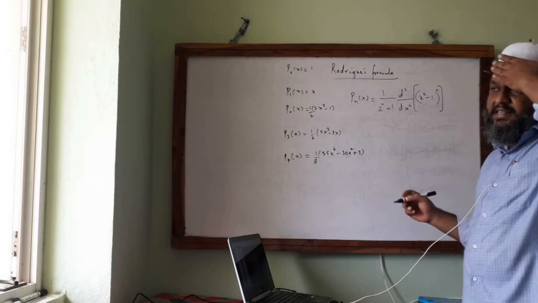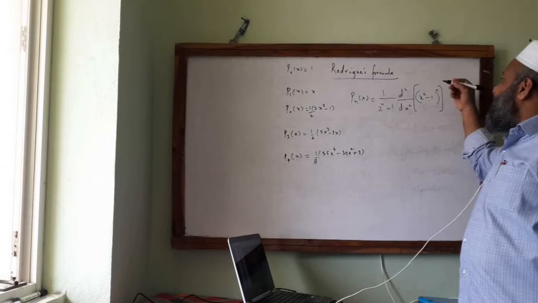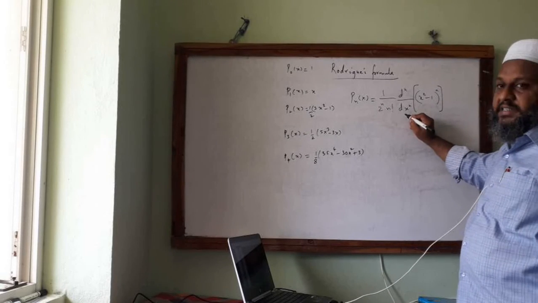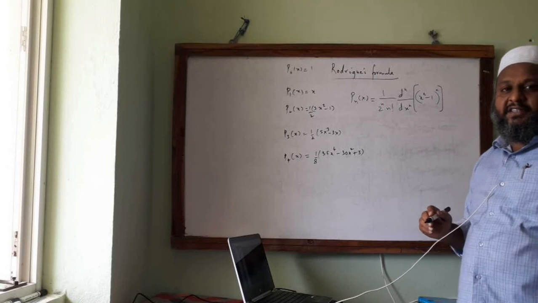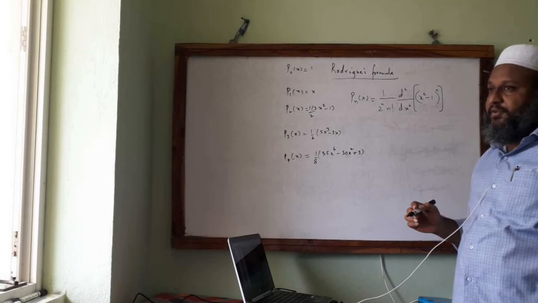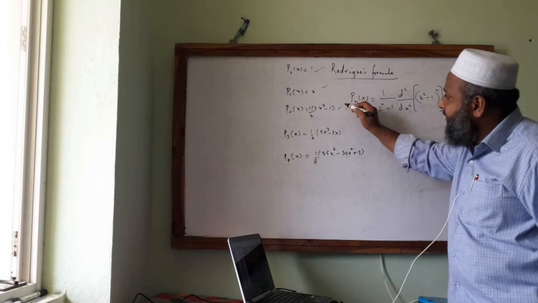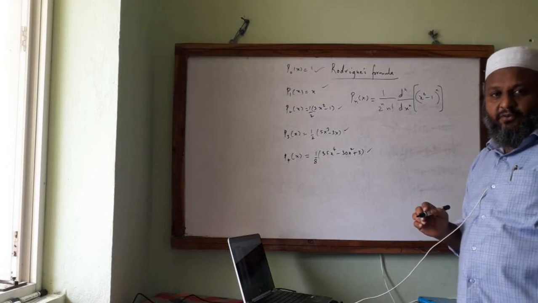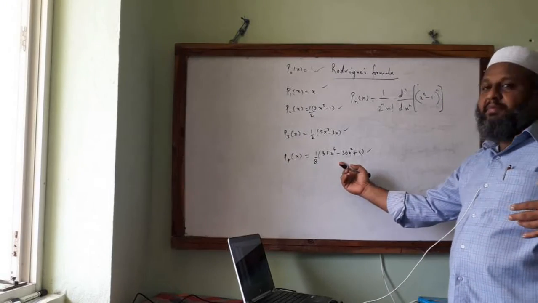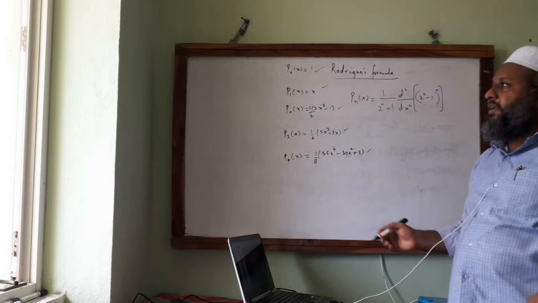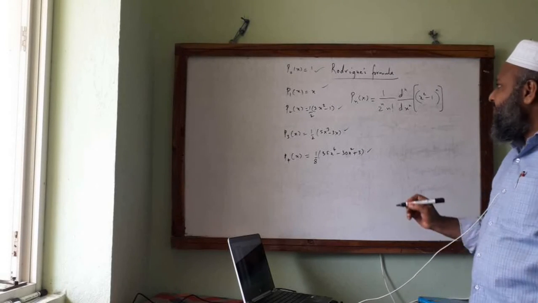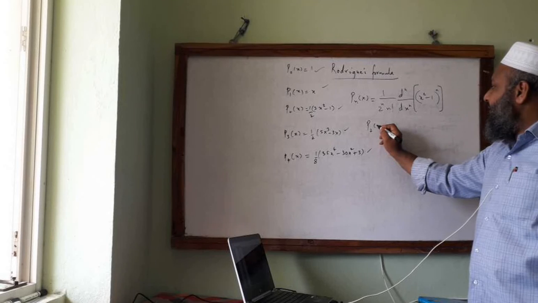You remember this x square minus 1 is raised to power n and the nth derivative is taken, then finally you adjust the constant 1 by 2 power n into n factorial. You can get any one of these from this general rule. It's very big, it's very small, let us go moderate, we'll calculate P2 and then we can have a satisfaction.